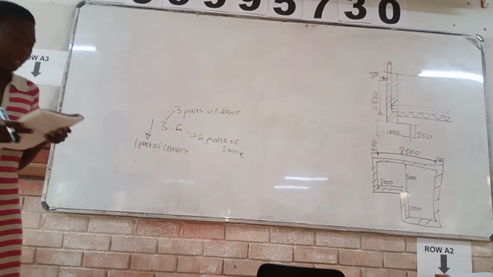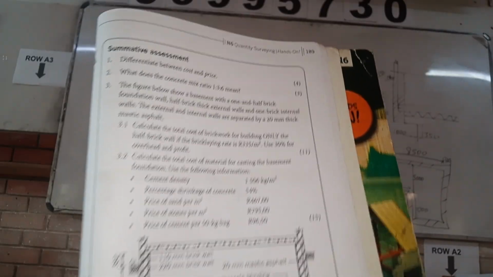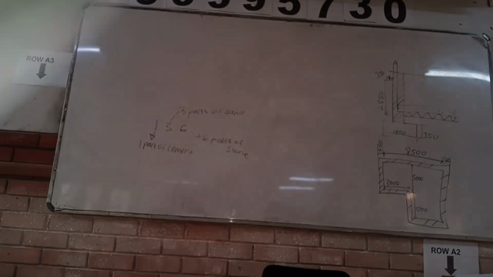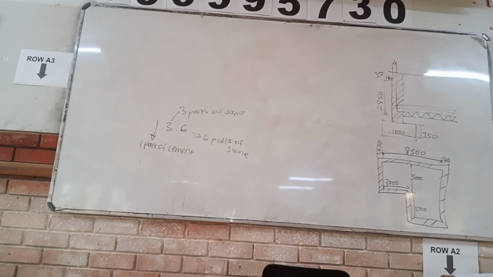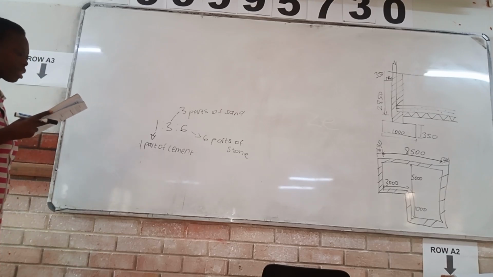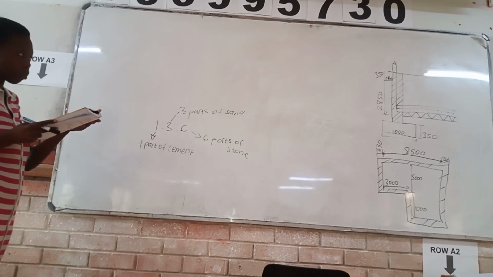So number 3. There is number 3, and then they gave us this basement again. Number 3: the figure below shows a basement with a 1.5 brick foundation wall, half brick thick external walls, and 1 brick internal walls.